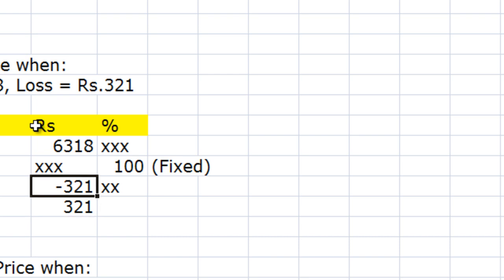So the cost price is selling price minus profit, which is 6,639 rupees. In this way we can calculate the cost price.